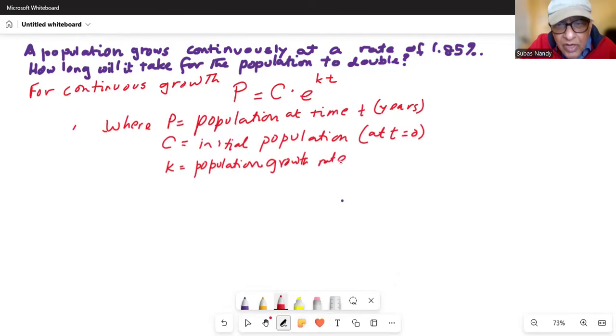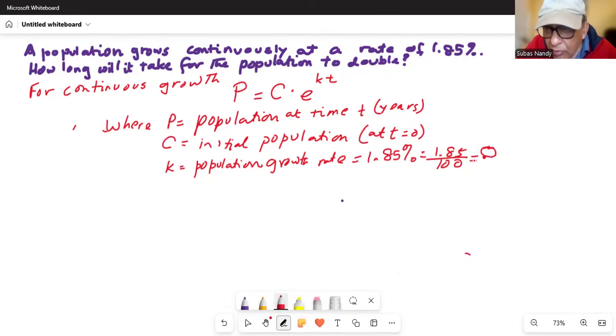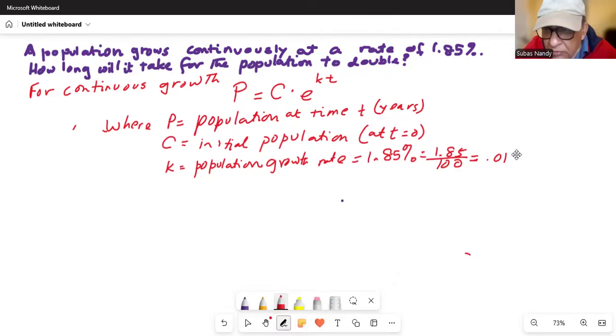So 1.85% is equal to 1.85 divided by 100 in decimal, which is 0.0185.